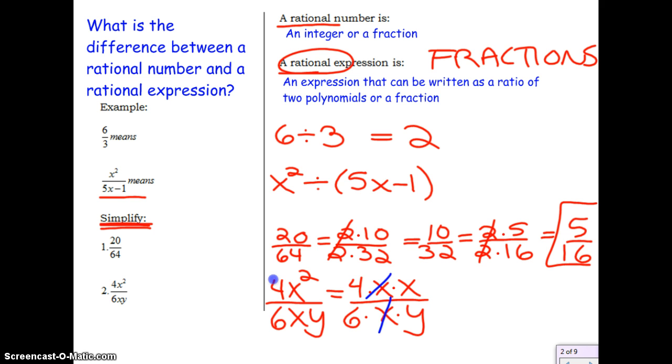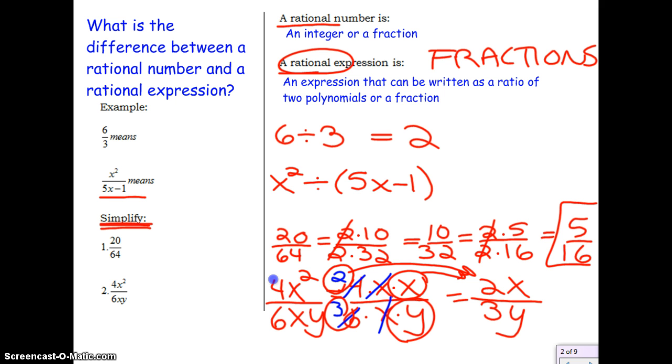X divided by x makes 1, so I can get rid of those x's. And I also know that 4 and 6 both divide by 2, so I could cancel out 4 and divide it by 2, and I could cancel out 6 and divide it by 2. So now my final answer winds up being 2x, I'm going to put those 2 over here, and 3y. I'm going to put those here. Okay? So then that's my final answer.